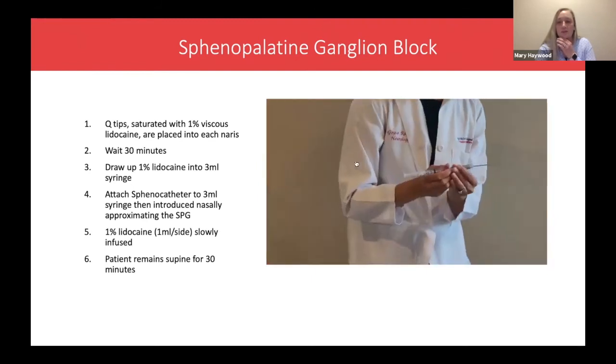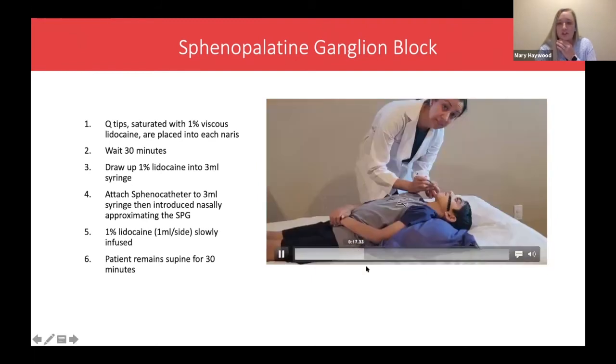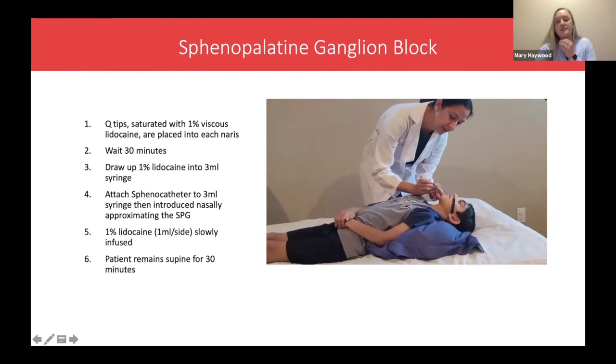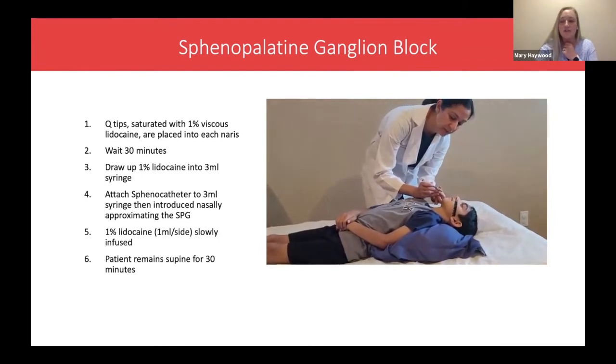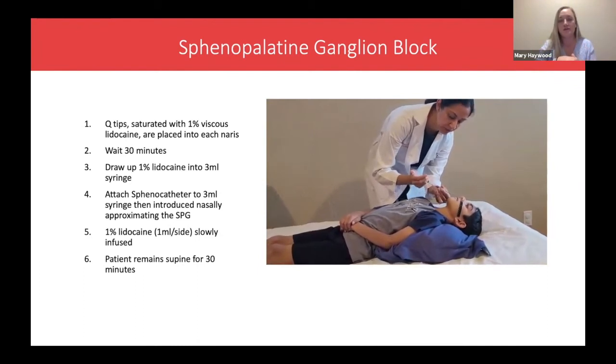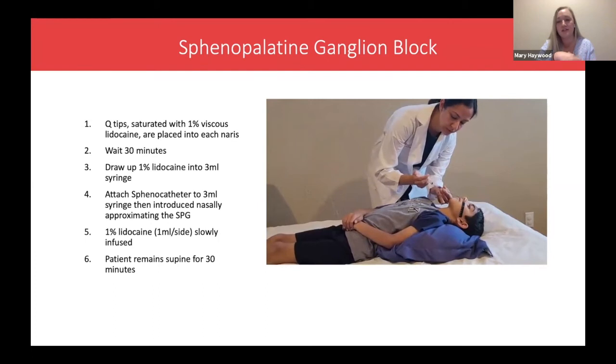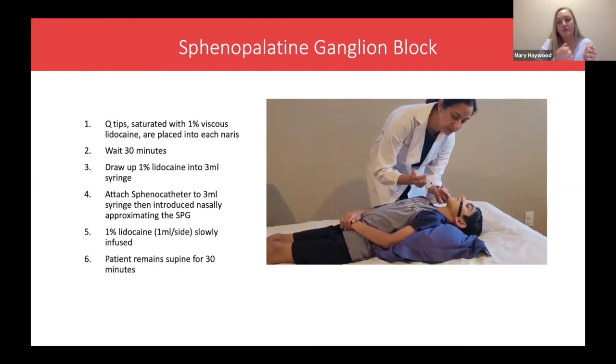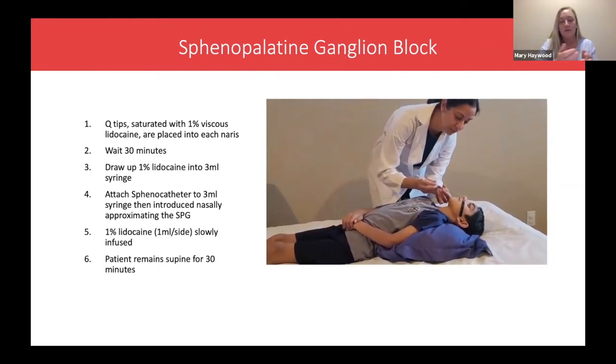Basically, what she's saying is she is inserting the spheno catheter into his nostril. You have the gray part of the catheter extended out. There's a flexible purple tip on the end of it when it's retracted that you want to put into the gray housing.